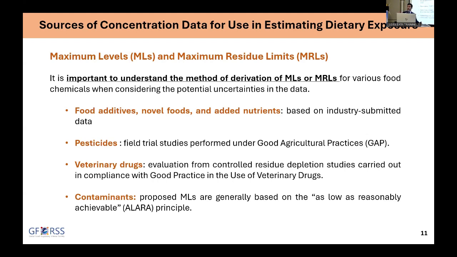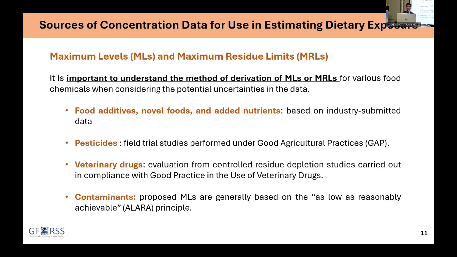In a lot of different scenarios, we can just go and use the maximum levels, which are implemented at our national level or which we can source from international databases, the Codex Alimentarius or others. And not diving too much now into the different scenarios, we will be discussing that, but just to let you know that MLs and maximum residue limits can be used as the occurrence data. And Dr. Karima gave some tips here.